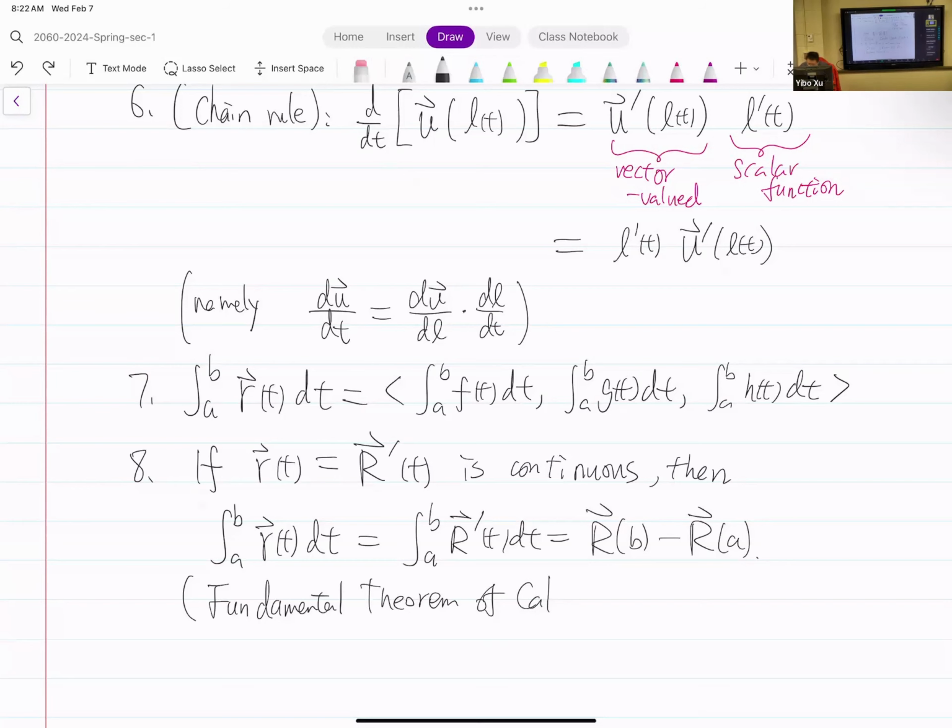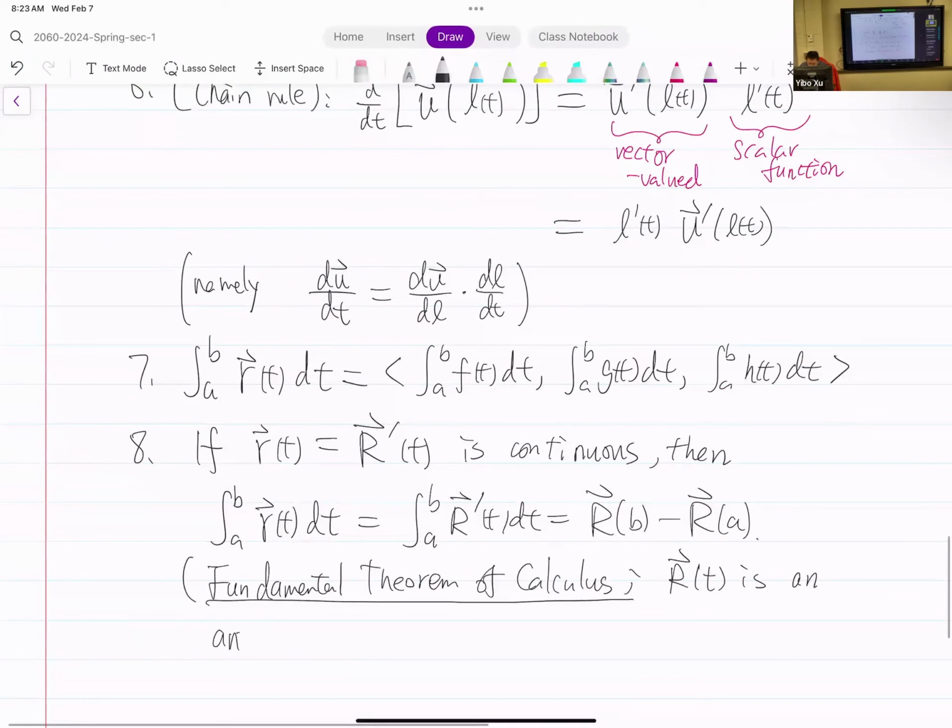And here cap R of t is an antiderivative of little r.